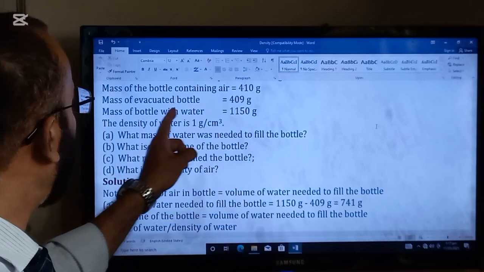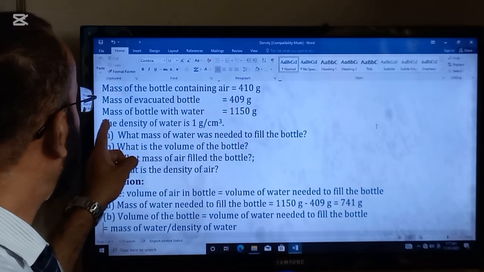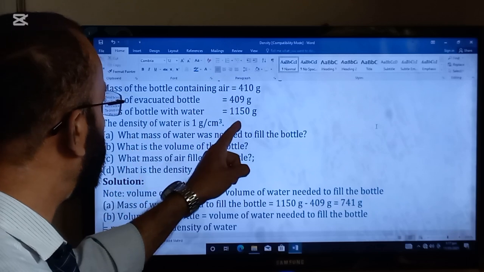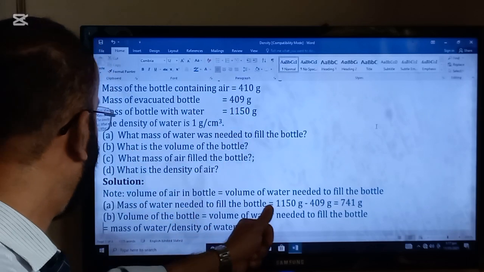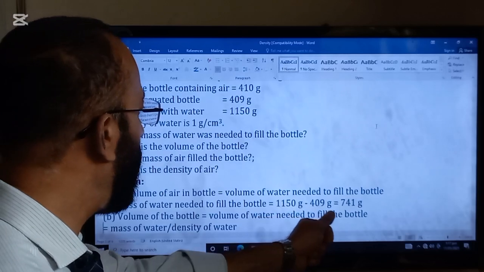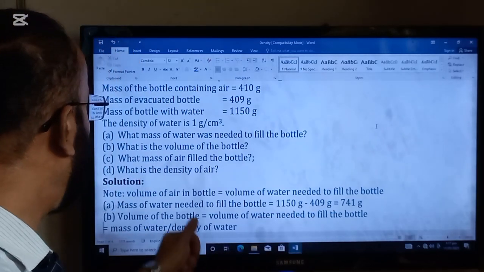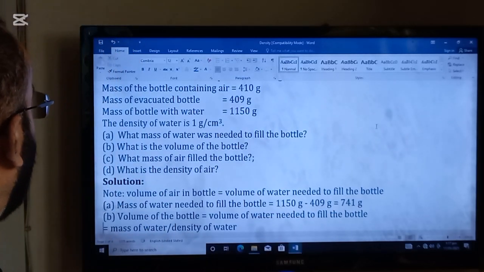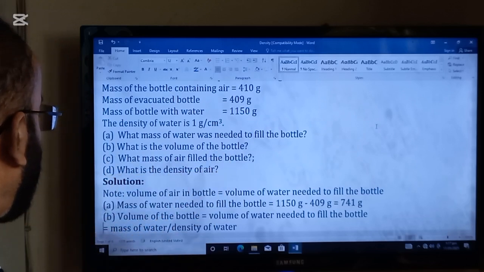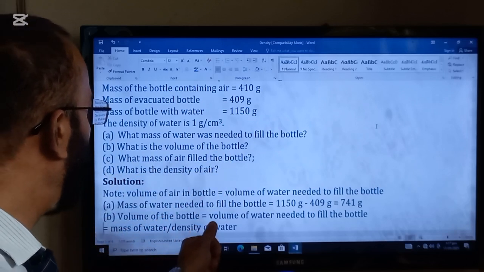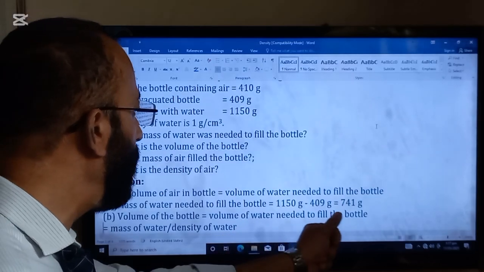So here is the evacuated bottle's mass and this is the mass of the bottle with water. So subtract this value and this value. So 1150 minus 409 will give you the mass of the water. B part is, what is the volume of the bottle? Volume of the bottle is equal to volume of the water needed to fill the bottle.